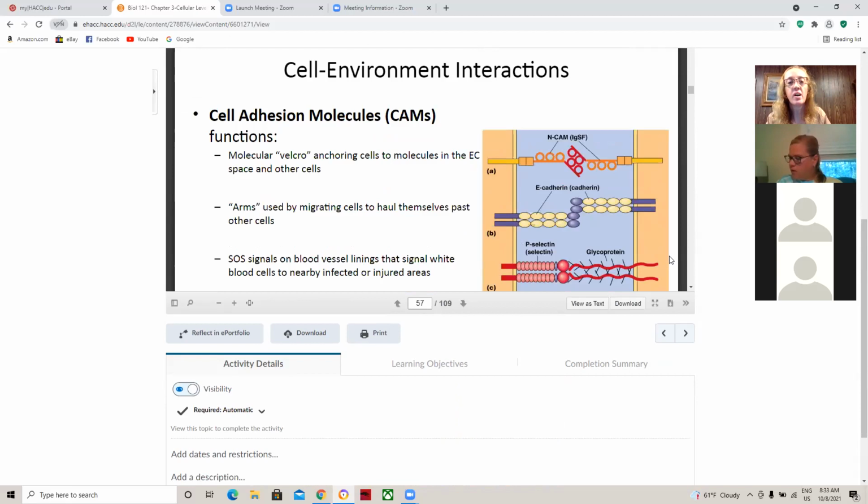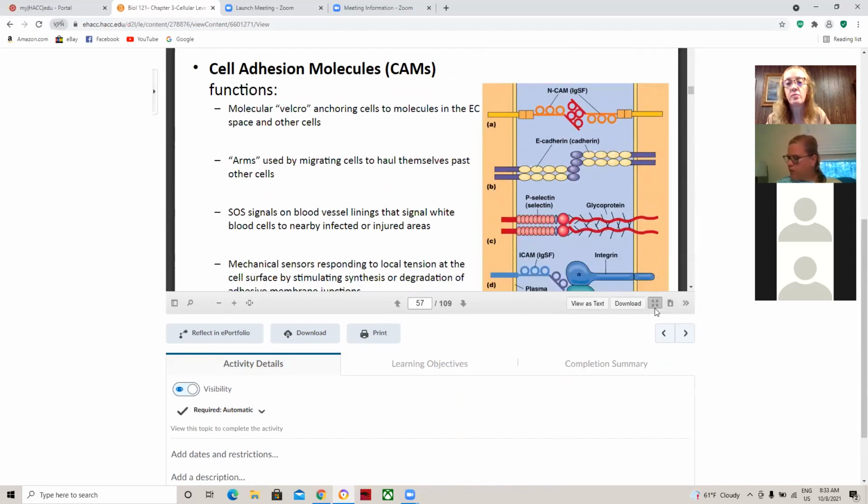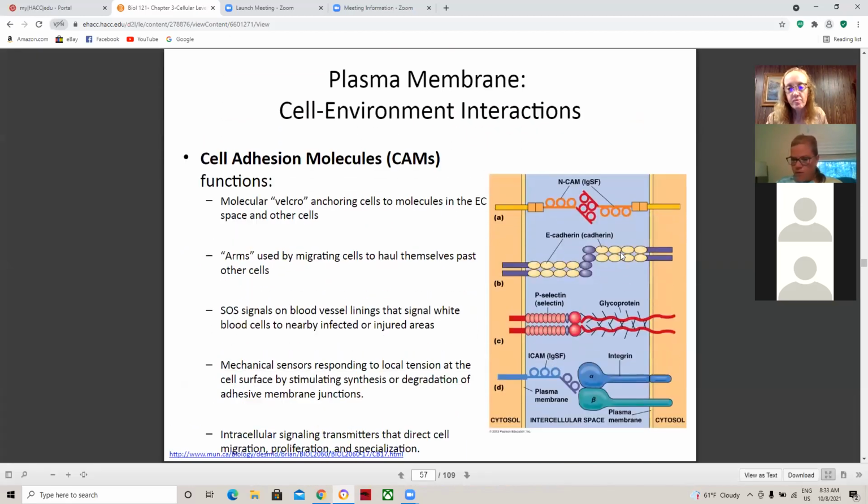So cell adhesion molecules. I don't want you to memorize each type here. This is just a figure showing possible cell adhesion molecule structures. But I want you to remember their functions. They can work as molecular Velcro, anchoring cells to molecules in the extracellular space.